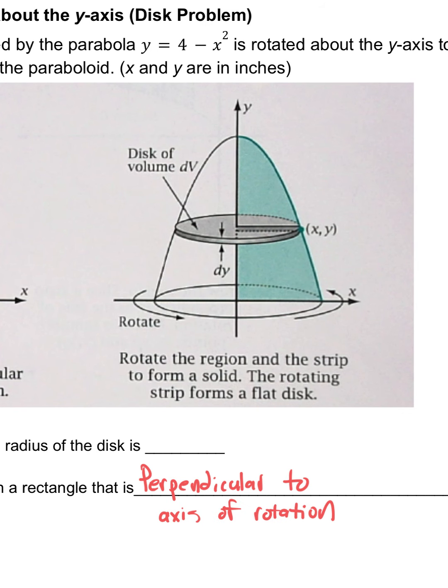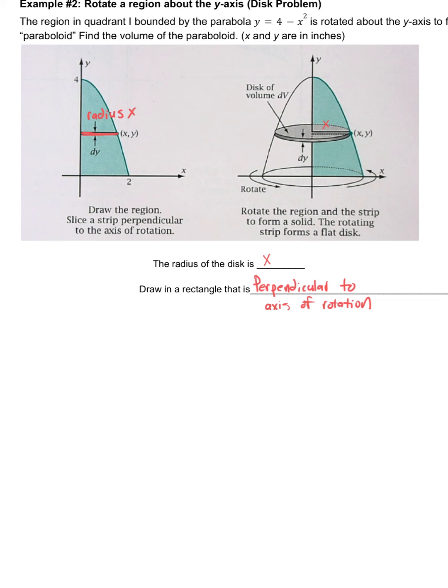Now when we spin this region around the y-axis, we get a three-dimensional paraboloid right here. This rectangle becomes the radius of the disk, and the radius of the disk is x. So to set up our definite integral, we need the elongated s. Again, we need area of the base times the height.